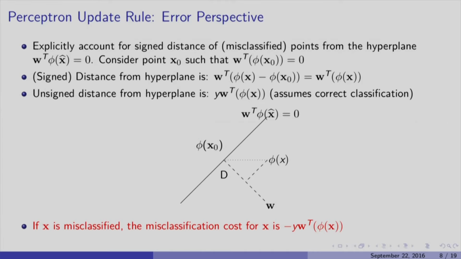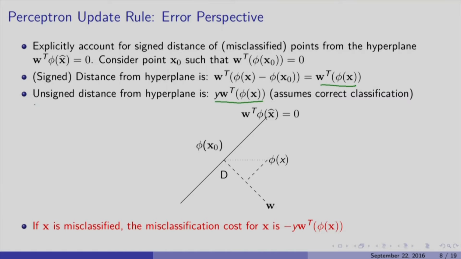We will provide the error perspective to this perceptron update rule. So perceptron update was to explicitly account for the signed distance of misclassified points from the hyperplane, and the signed distance of a point from the hyperplane is w transpose phi x. The unsigned distance is basically y times w transpose phi x. So if w transpose phi x and y share the same sign, which is how it should be, this indeed is a magnitude of the distance.